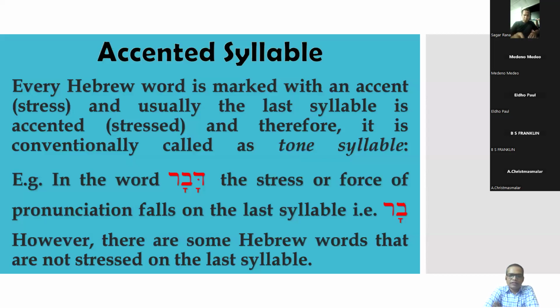You don't see any accent sign there, but it is understood that the last syllable should be the tone syllable, or stressed. This is the basic idea in a Hebrew word.